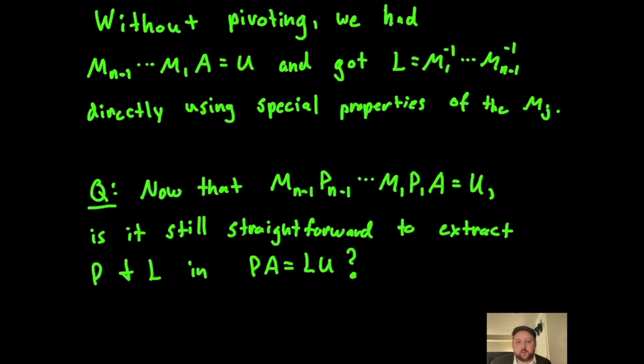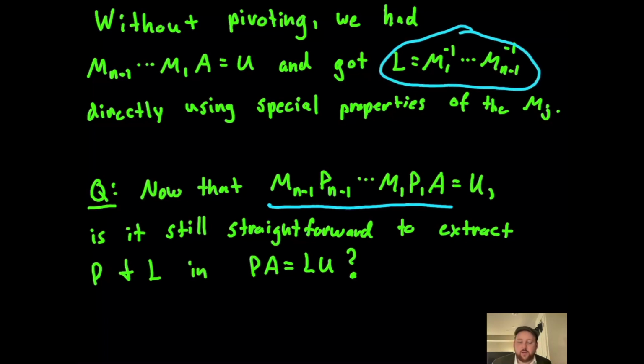So now this is leading to my question. We've changed with pivoting, we've introduced these permutation matrices. So we might be really worried, because without pivoting we had all these nice properties related to the M's and their inverses, and it let us get the LU factors very easily once we computed the M's.